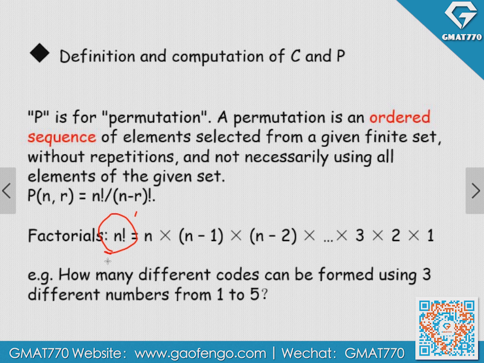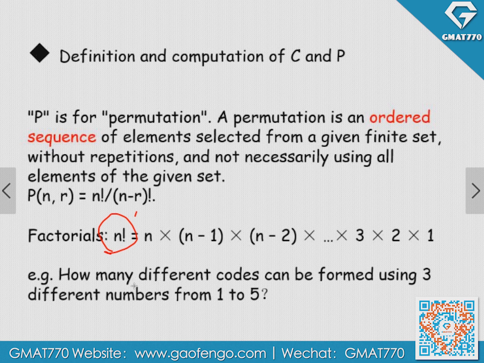Please remember that the most important difference between permutation and combination is that in permutation, you will put the elements in order, but in combination, you only need to choose the elements, and do not need to put them in order.